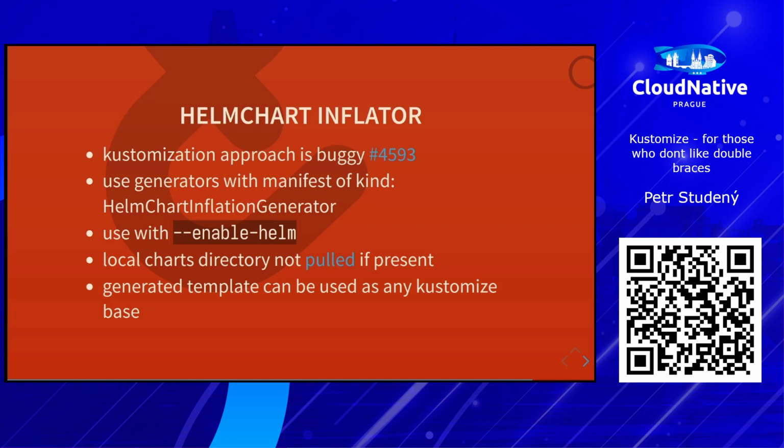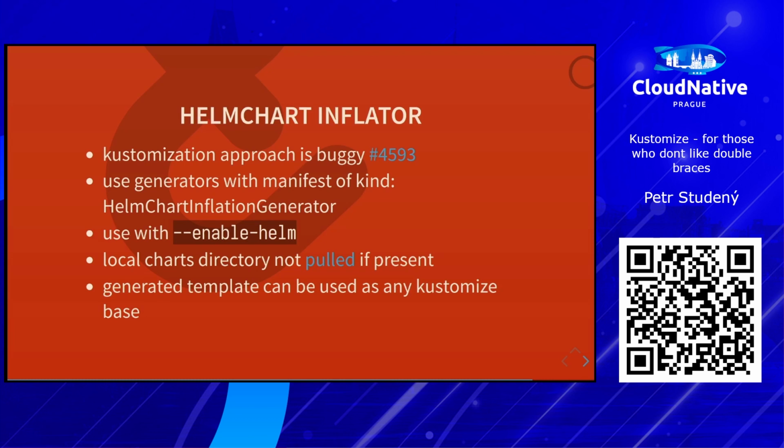There is a GitHub issue opened several years, but with the generators approach, where you define your file with the generator in your customization YAML, and then you can create a manifest of kind Helm chart inflation generator. That way it works. You have to enable it using this enable Helm argument. Otherwise, Kustomize will just pop some error message that it is not enabled.